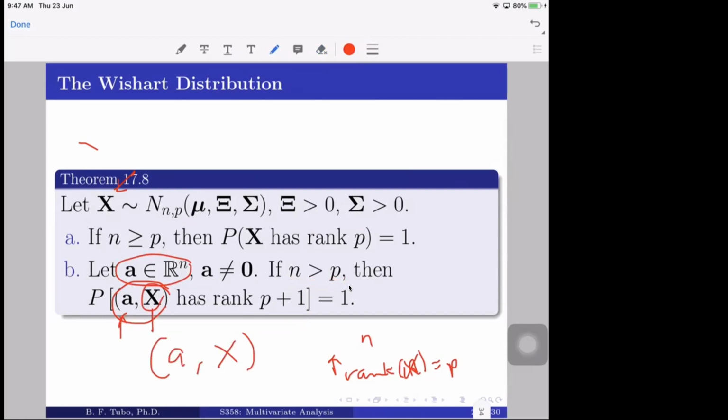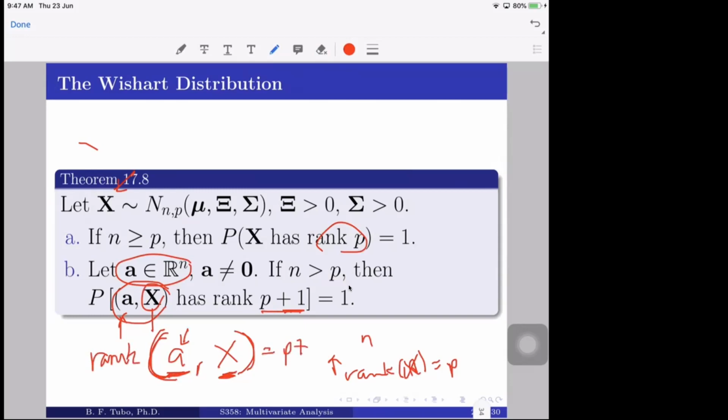And you know that the rank of X is P, so you just add one more plus 1 for the rank to cater for your A. So the rank of a matrix wherein you adjoin A to X is P plus 1, and you are almost sure with that.